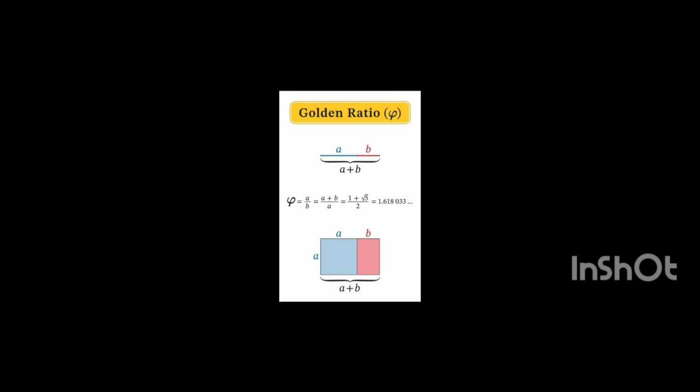The axiom states that the ratio of the total line, a plus b, to the longer segment a, equals the ratio of the longer segment a to the shorter segment b, which equals phi, which equals 1.618033... I hope you can understand it better now.